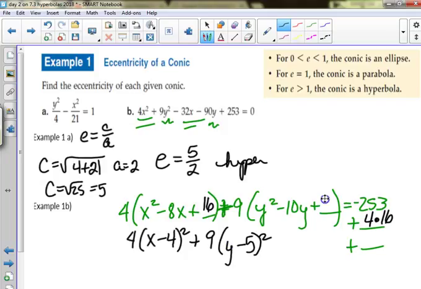Okay, which this then is 25. 9 times 25, 225 minus 253 plus 64. I'm guessing 36.